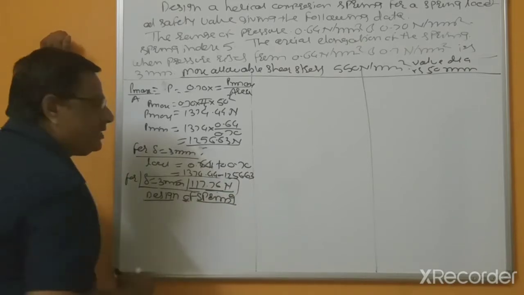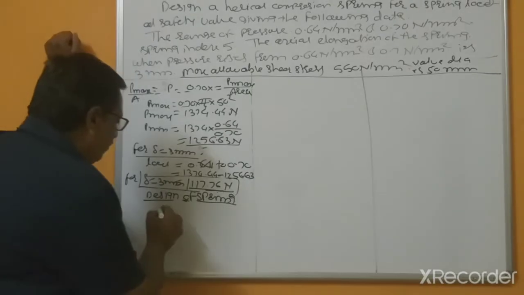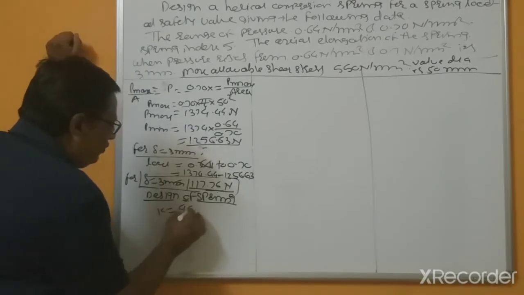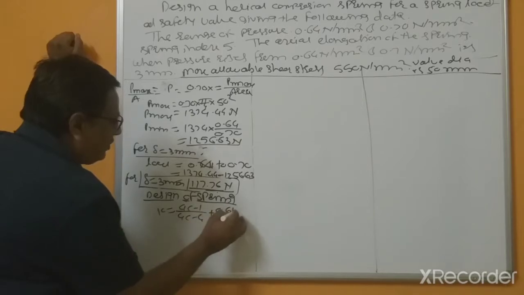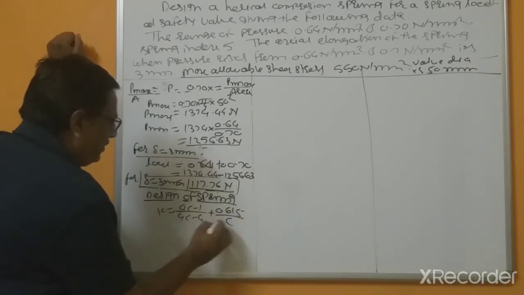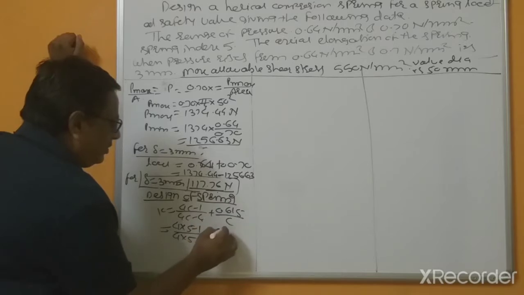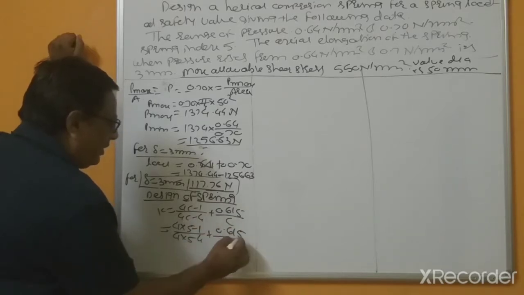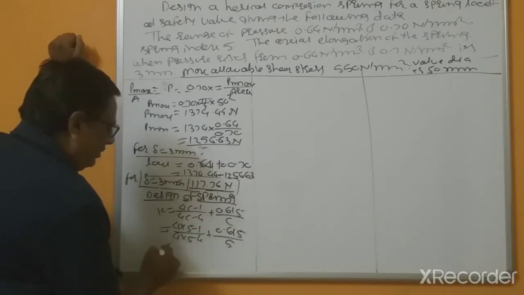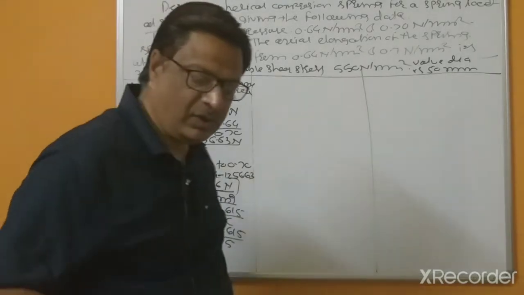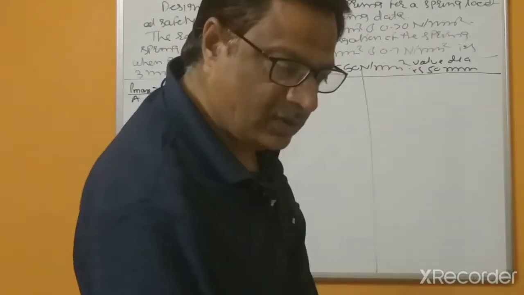Design of the spring means we first require K equal to (4C minus 1) divided by (4C minus 4), plus 0.615 divided by C. With 4 into 5 minus 1 and 4 into 5 minus 4, plus 0.615 divided by 5, I think this value is 1.31.